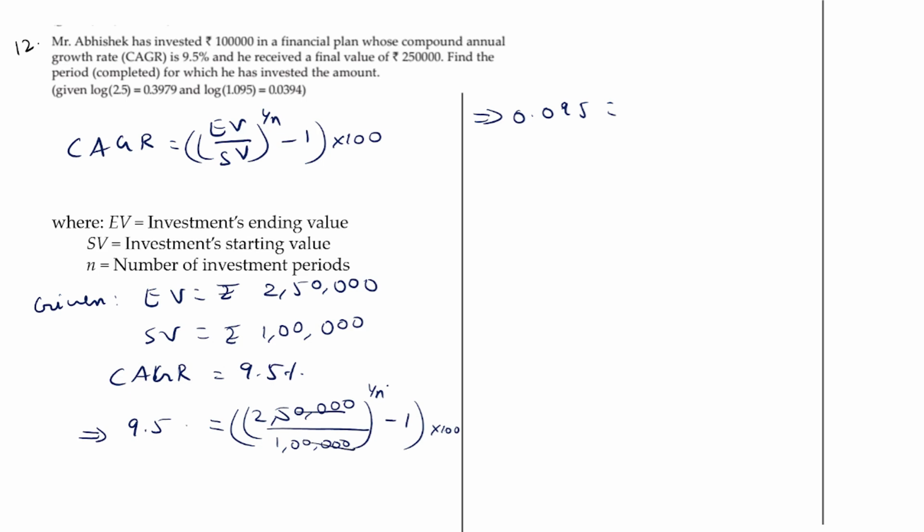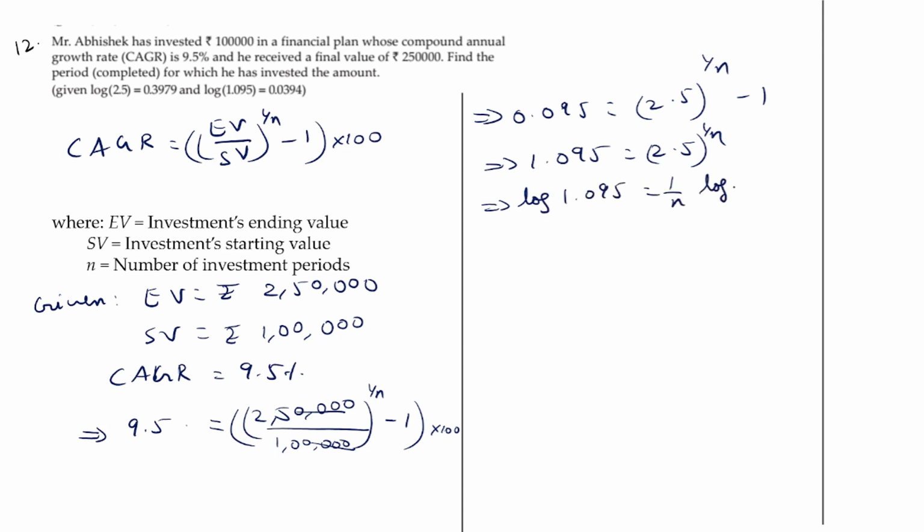When we simplify we get 2.5 the whole raised to 1 by n minus 1, or we get 1.095 equal to 2.5 the whole raised to 1 by n. If we take log on both sides, we get log 1.095 equal to 1 by n log 2.5.